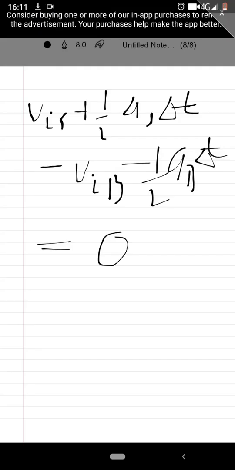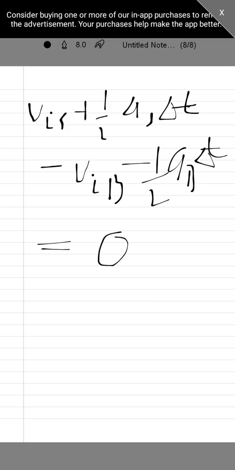So if we group this term and make it a substitute of the formula, we get something like this.